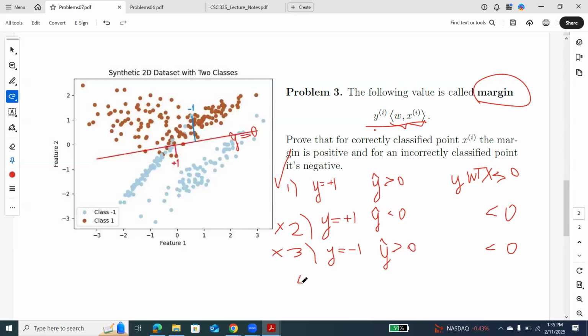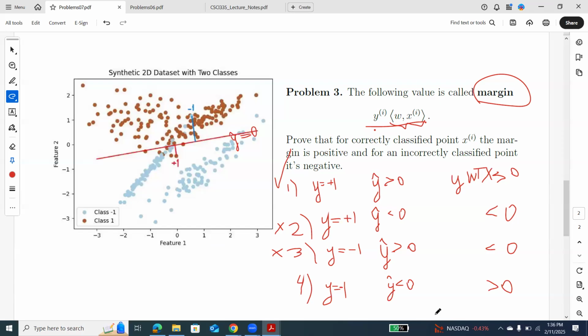So the last case, when our target is negative and the dot product is negative, sorry, I said negative one. But the product will be positive. And again, if our target is negative and the dot product is negative, it means that our point was classified correctly.